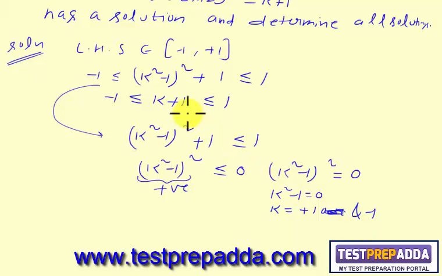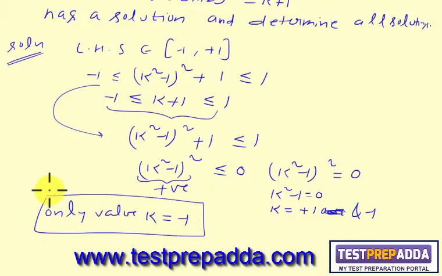Now if I check the second equation, minus 1 is less than or equal to k plus 1, which is less than or equal to 1. Here k equal to 1 is not true, because if I write k equal to 1, then it becomes 2, and that is not less than or equal to 1. So the only possible value of k that is correct here is minus 1. So minus 1 is the only value of k.